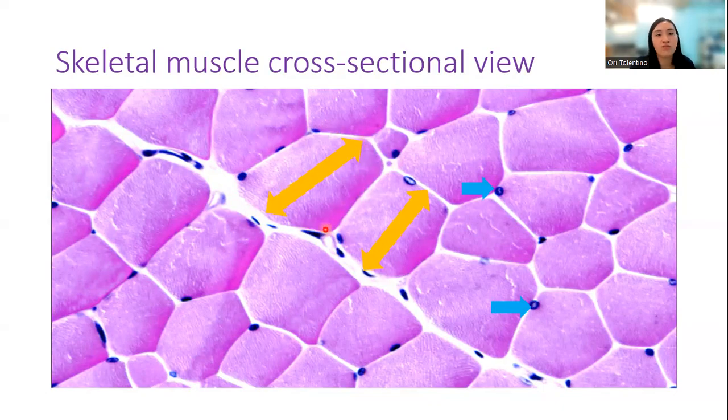I repeated this over and over, so I hope you can identify it in the examination. The blue arrows point to your peripheral nuclei. If you see a cross-section of muscle with peripheral nuclei, automatically think that this is a skeletal muscle.